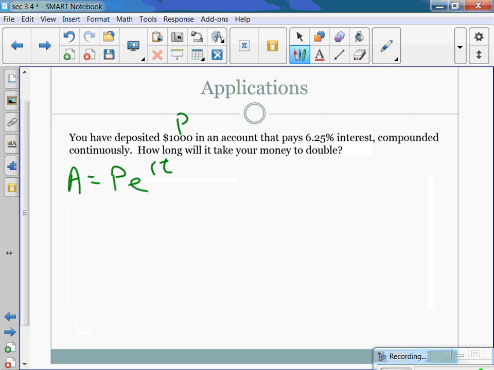Do I know what A is? For this particular problem, could we have solved it if I did not tell you how much we started with?